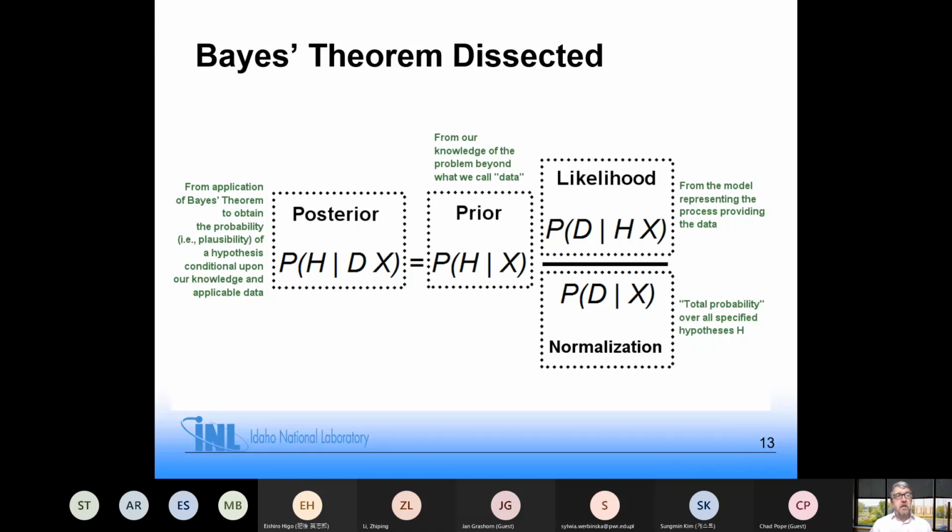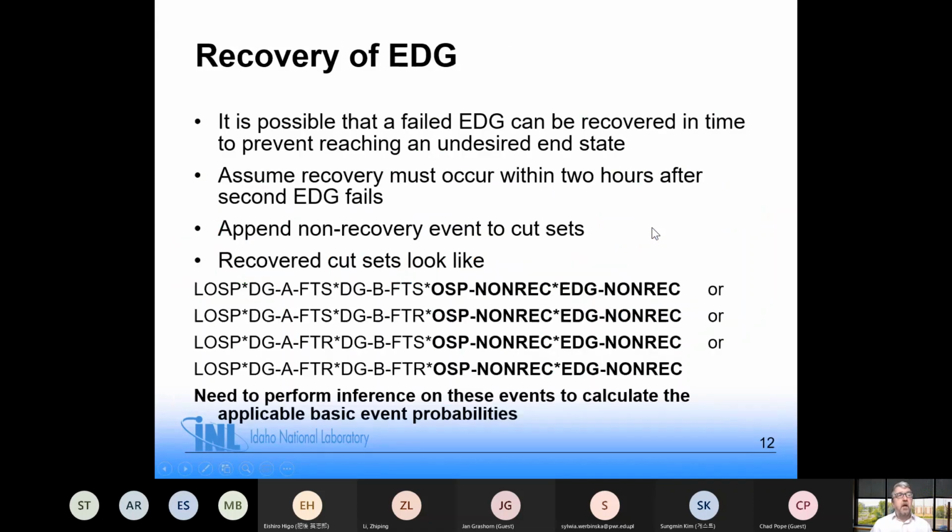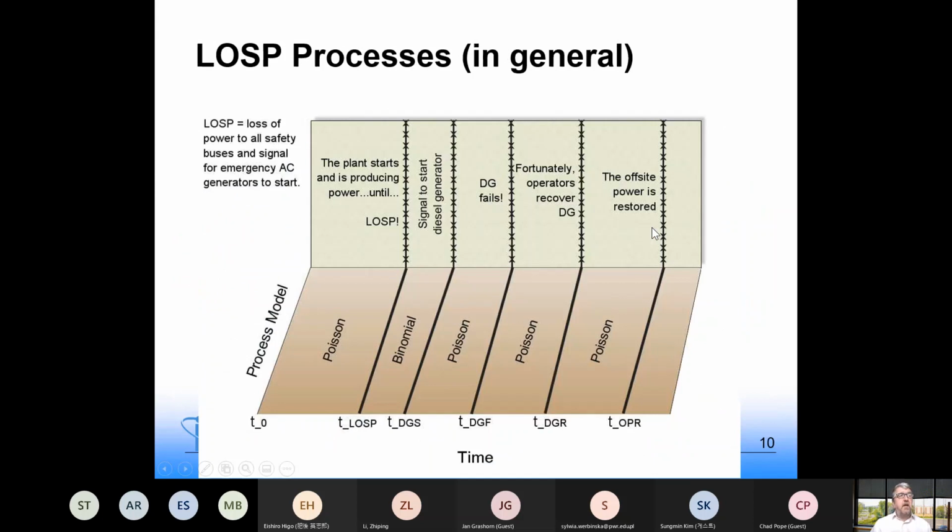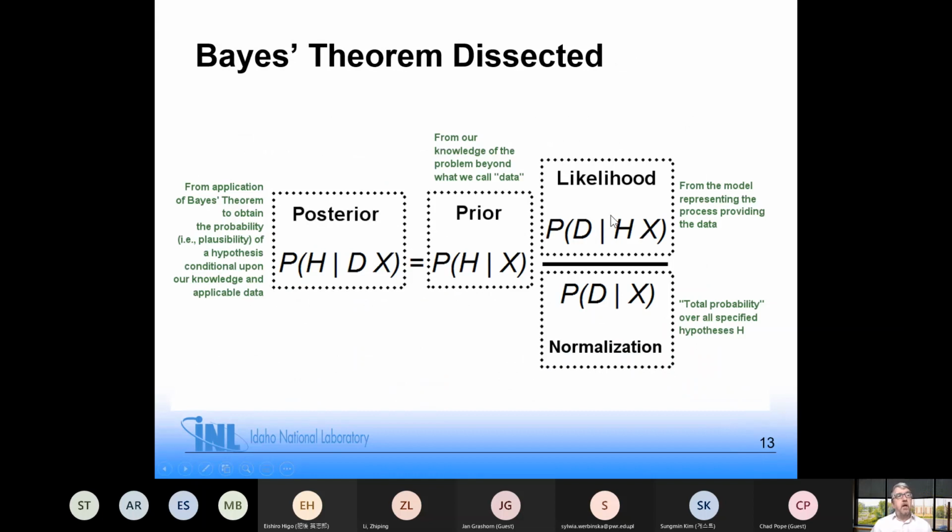So the process, what goes in the likelihood, ties back to this figure. So for example, if we're looking at the frequency of offsite power, the process that we're going to use, at least for today, is a Poisson model. And so I would need to have a probabilistic model for the Poisson. We'll see what that looks like, but that would go into the likelihood box.